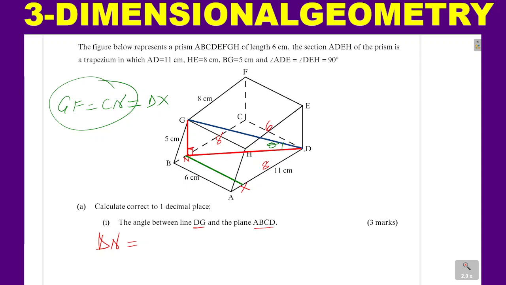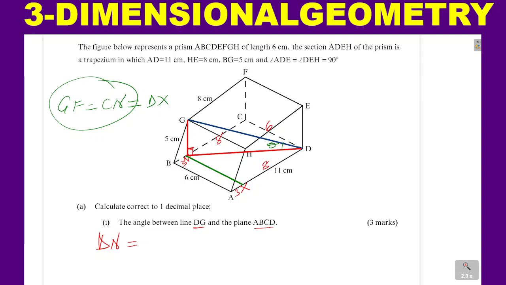Given that DA is 11, the distance left here will be 3, and this one will be 3, so that the whole of DA is 11 and also CB is 11. Now we have identified the length of CN, and we can get DN.